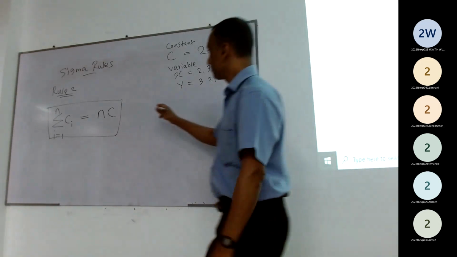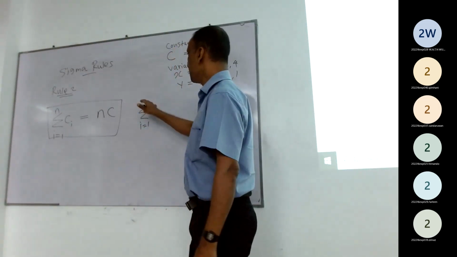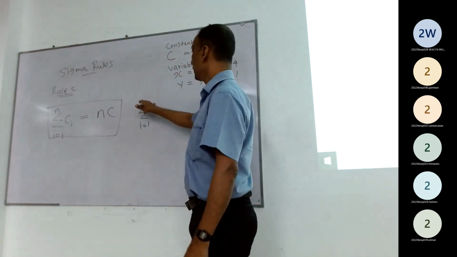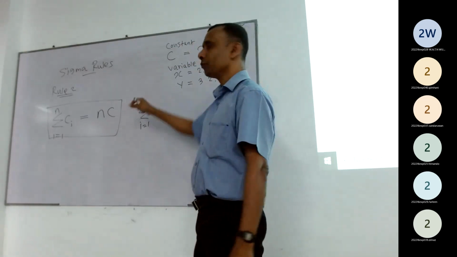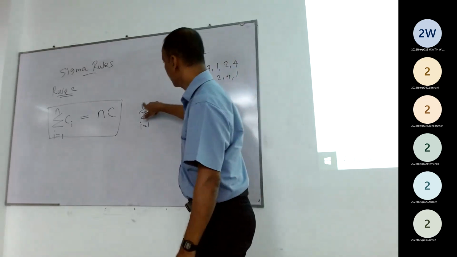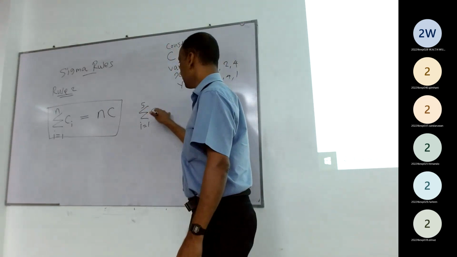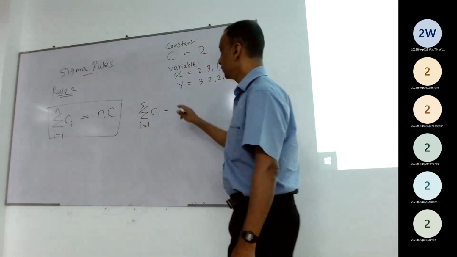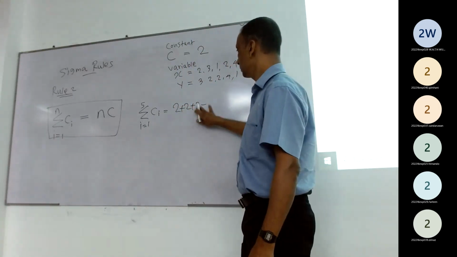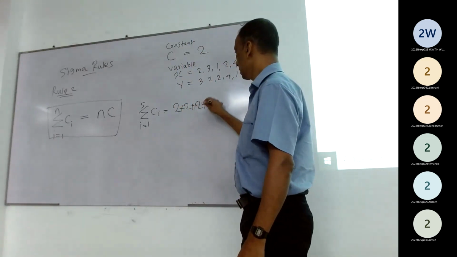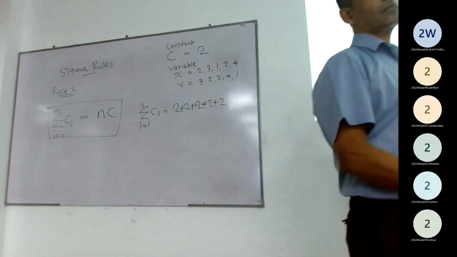Now practice this one. Sigma i equals 1 to n. Instead of n, how many times do we take? 1, 2, 3, 4, 5. There are 5 times we take. Sigma i equals 1 to 5, C, where C is 2: 2, second 2, third 2, next 2, next 2. 2 five times.